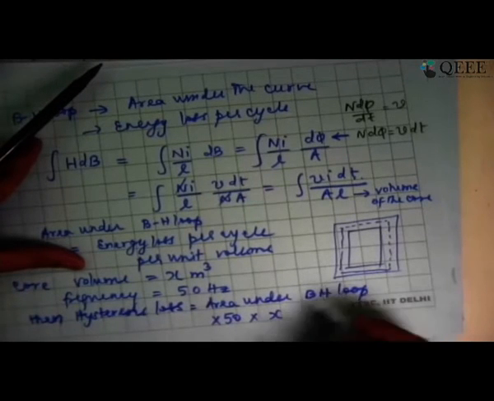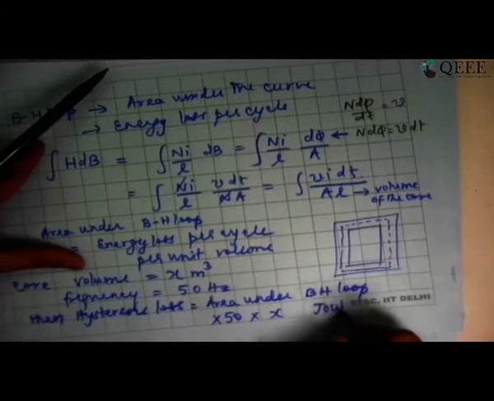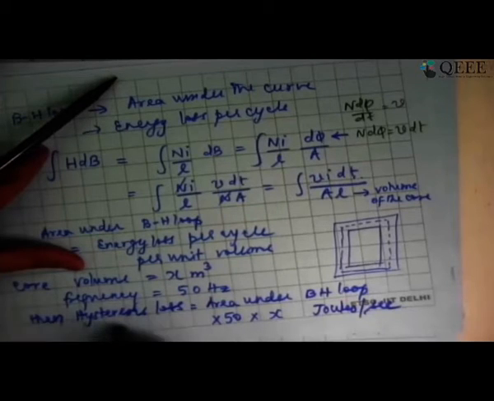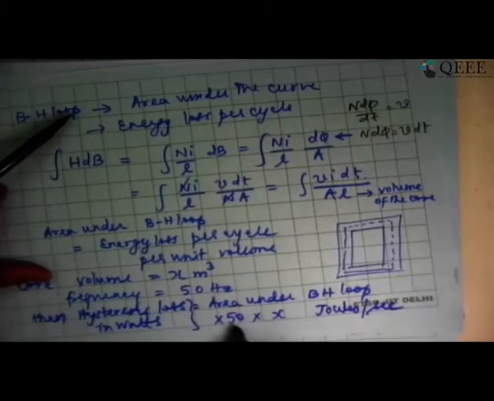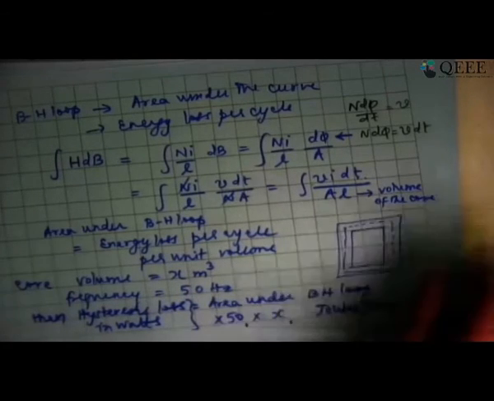This will give me joules per second, or watts. So hysteresis loss in watts will be given by the area under the BH loop multiplied by the frequency multiplied by X, where X is the volume of this particular core.